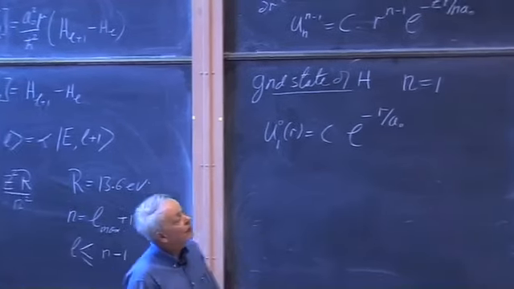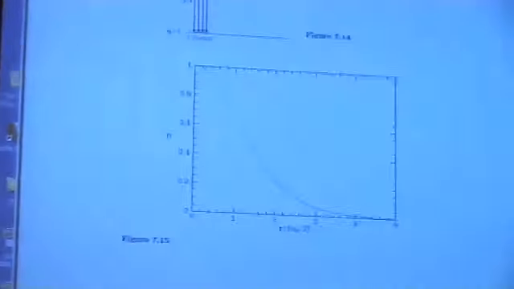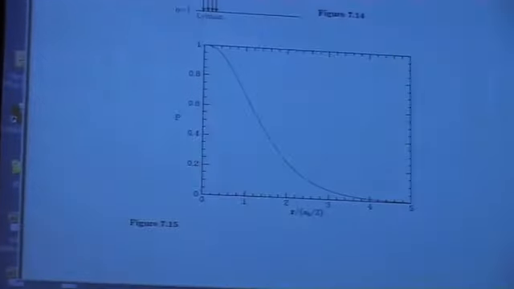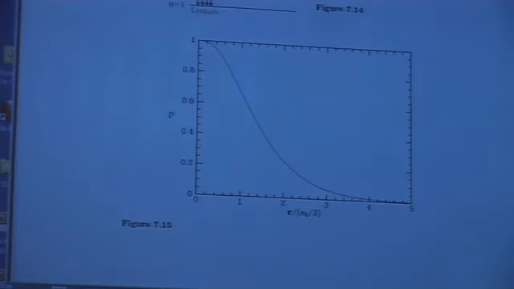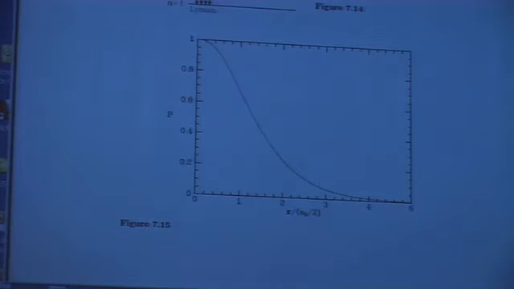And in fact, what this graph up here plots is the probability of finding the reduced particle at a radius r, measured in units of a0 over z there.